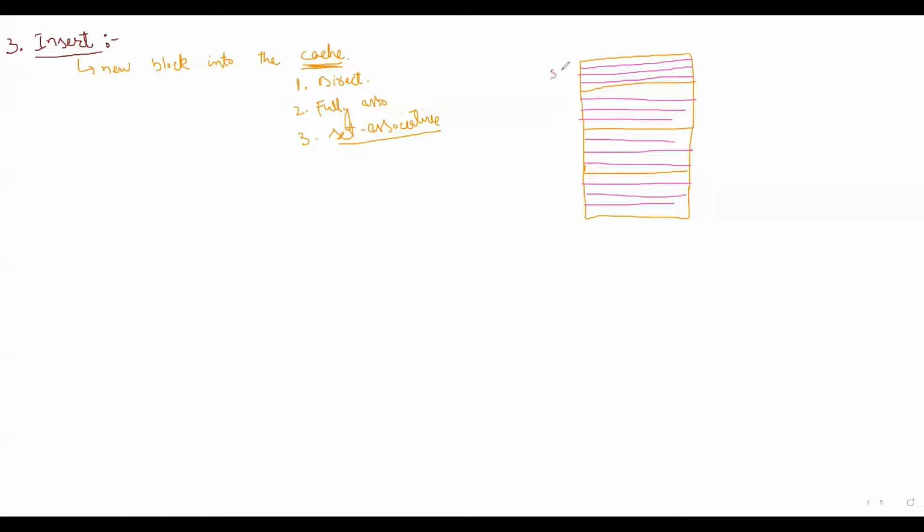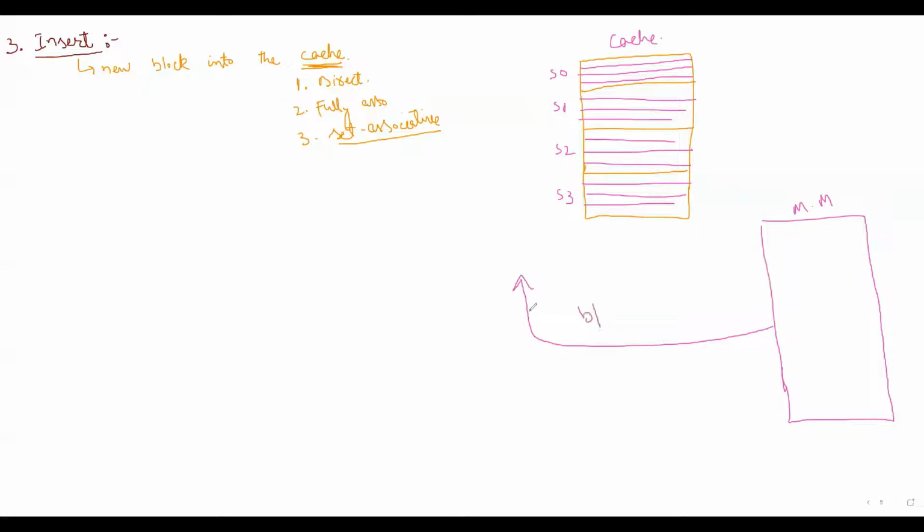This is set 0, set 1, set 2, and set 3. These are the 4 sets. Now let's say this is our cache and this is our memory, main memory. Let's say I am getting some block B1 from here, and I have to insert this block into the cache. Now let's say this block maps to set S1.